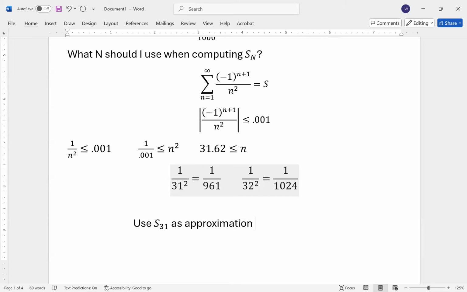And then if we did that, the remainder in absolute value after 31 terms, we know would be less than or equal to 1 over 1024, which is less than 1 over 1,000.